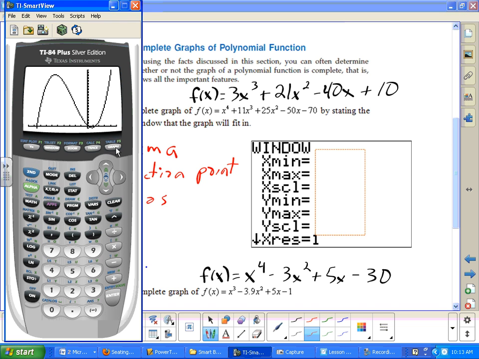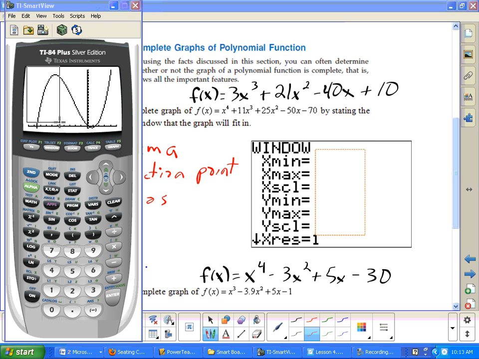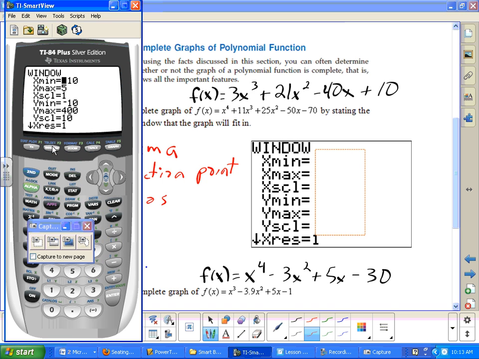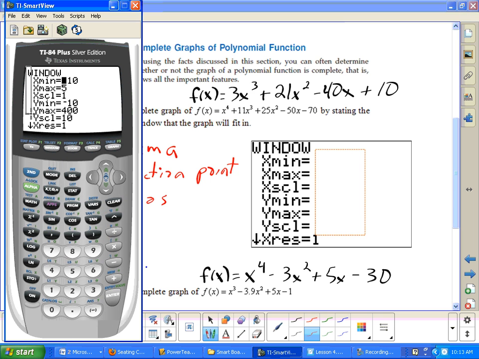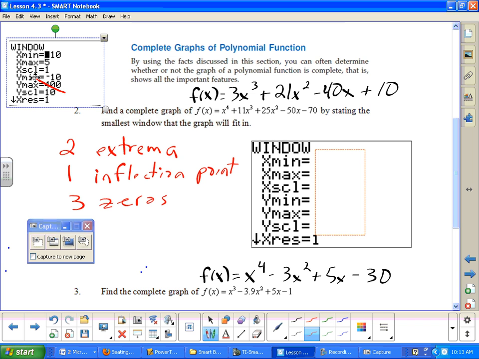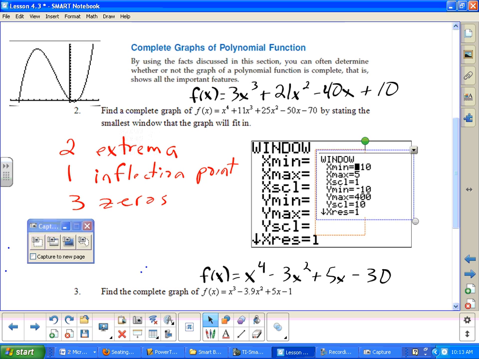I can see that it's going down to the left. So let's take a picture of it. I can see the complete graph here, and here is my window that's getting me that complete graph. So here's the window that I'm going to use then.